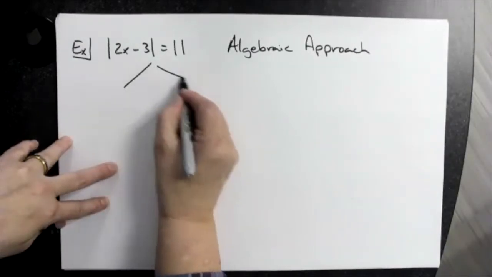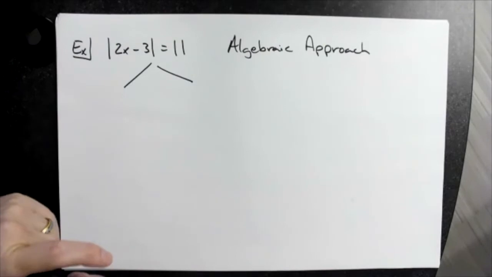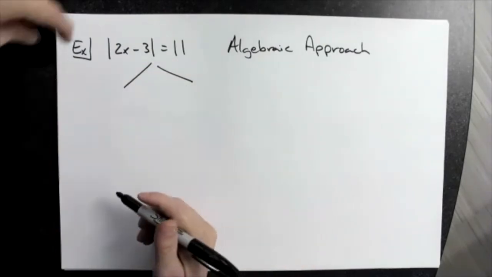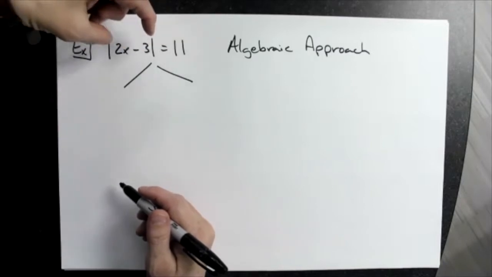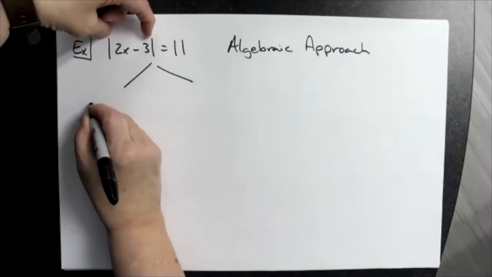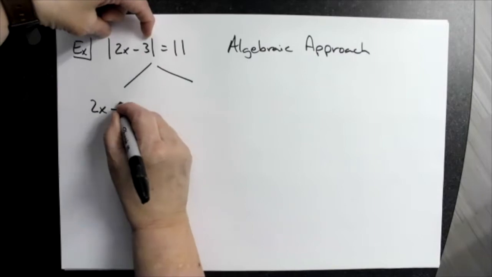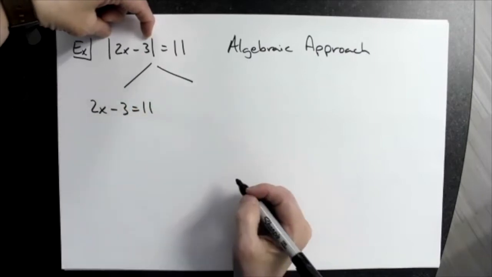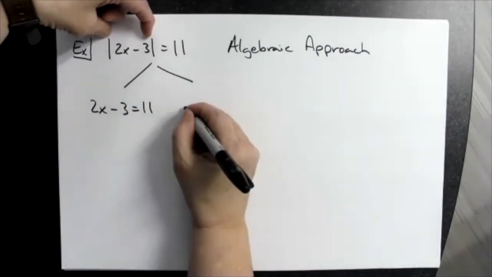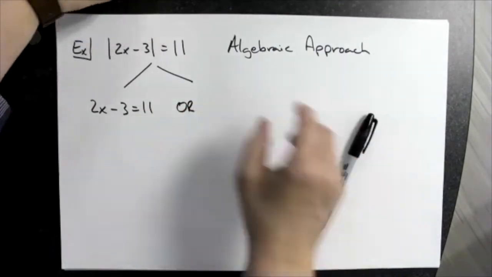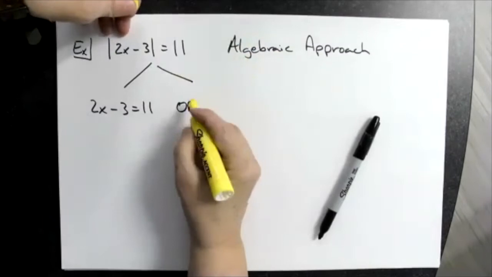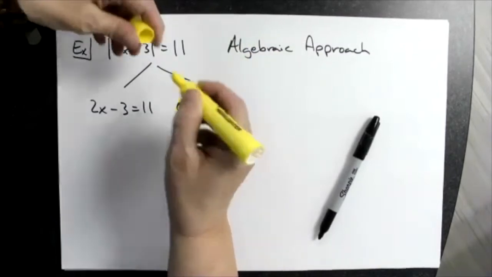So I generally do this, two little things, that indicates I'm going to have two different equations. I'm going to take exactly what is here, and the only thing I'm going to do is drop those bars. I'm going to write 2x minus 3 equals 11. The only thing I do is drop my bars. On an equal, it's always the word or. So it's always an or.